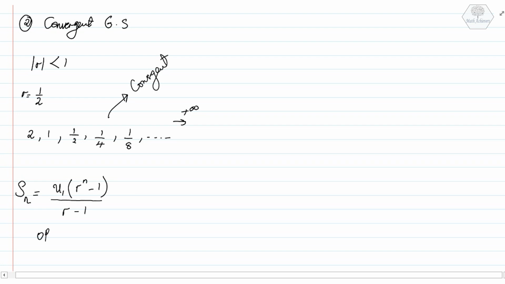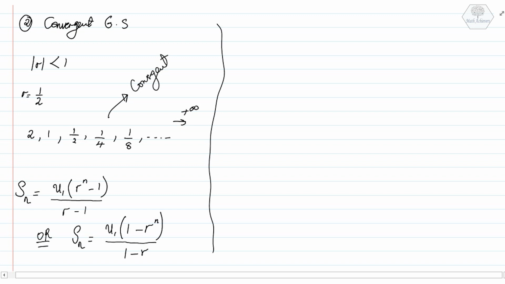Or I can have it the opposite way: the sum of this series is equal to u1 times 1 minus r to the power of n over 1 minus r. This is for any geometrical series, either convergent or divergent.